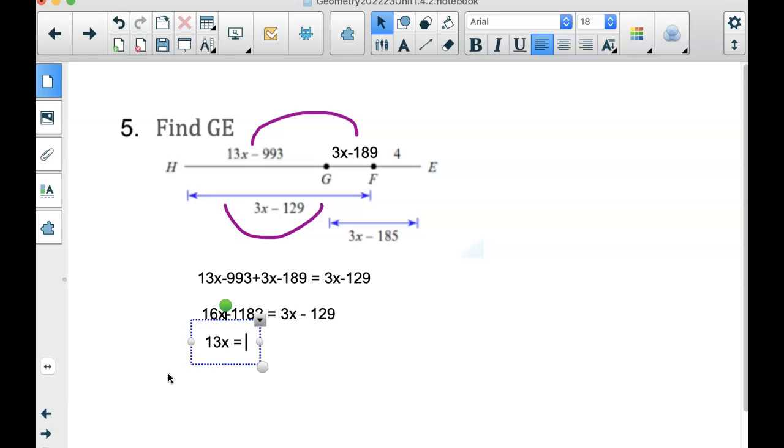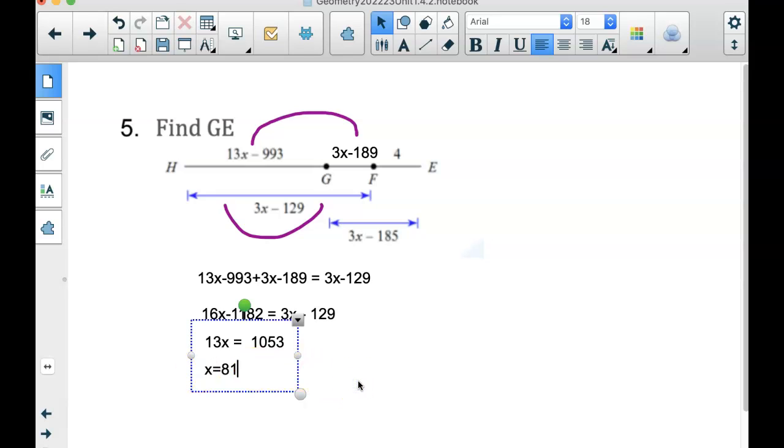So I'm going to do 1182 minus 129, and I get 1053. And now all I want to do is divide by 13. And I get x equals 81.